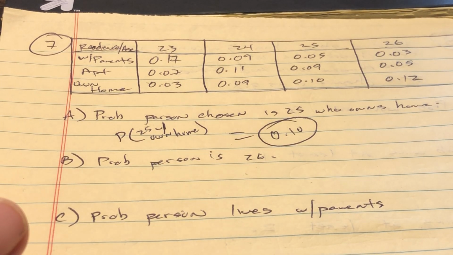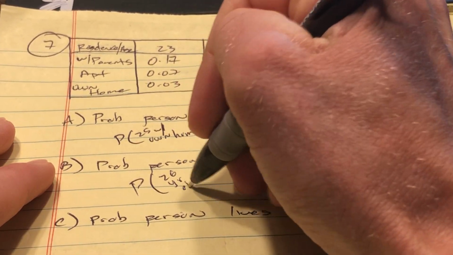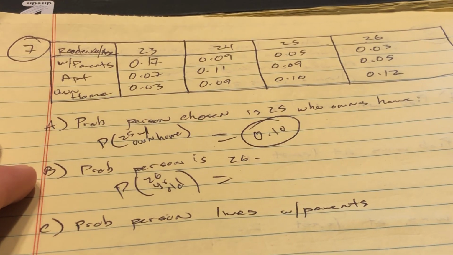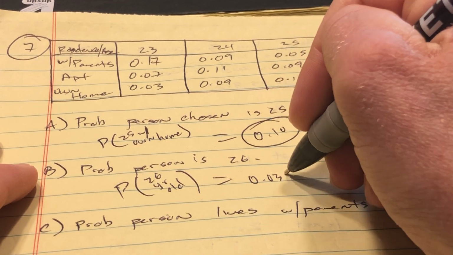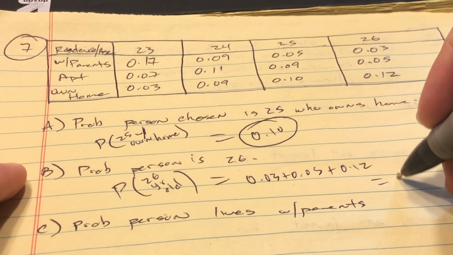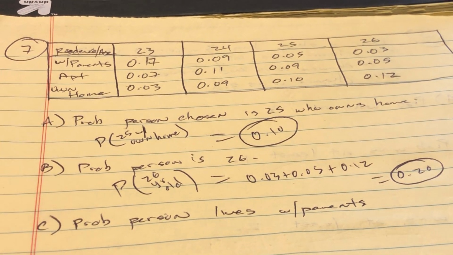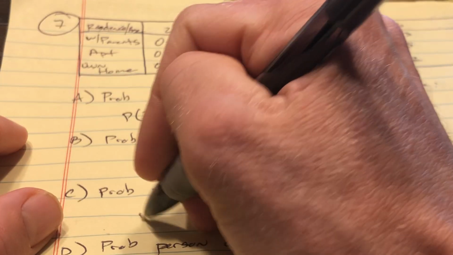What's the probability that they're 26? Probability they're 26 is you add up this column, 03, 05, 12. That's 0.20. What's the probability that they live with their parents?